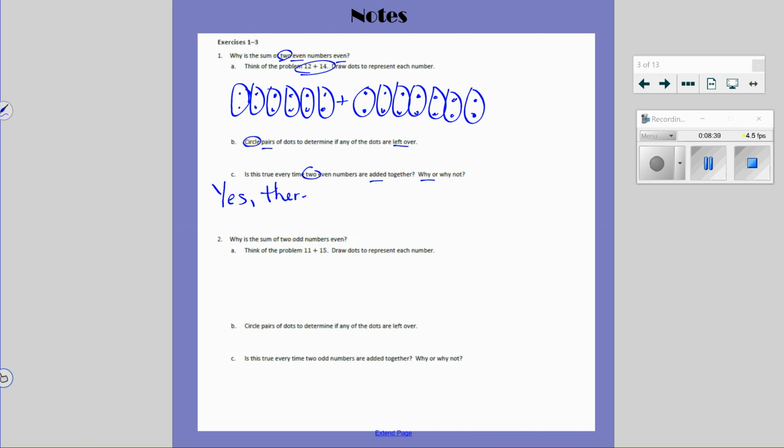There will always be matched pairs of dots for both numbers.